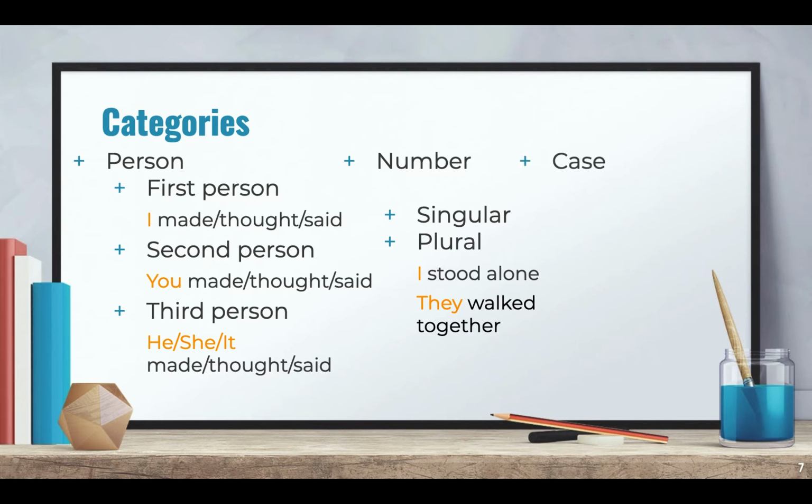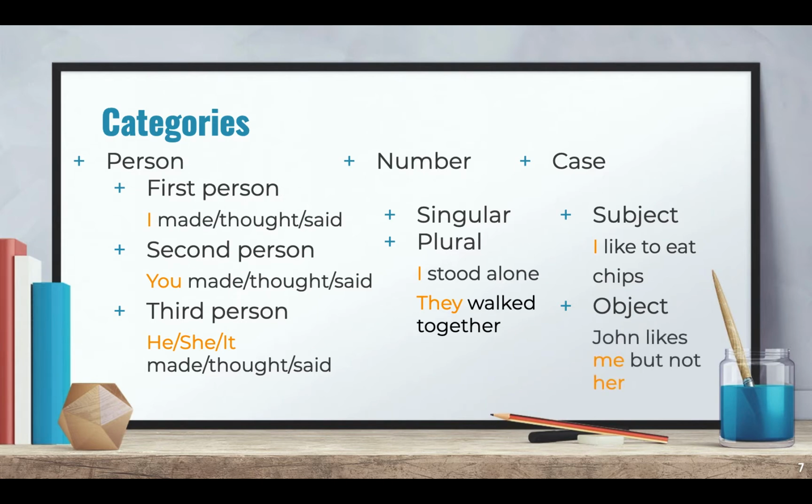The third category of pronouns is case, that is, subject or object. Subject case pronouns are used when the pronoun is doing the action. For example, I like to eat chips, but she does not. Object case pronouns are used when something is being done to the pronoun. For example, John likes me, but not her.